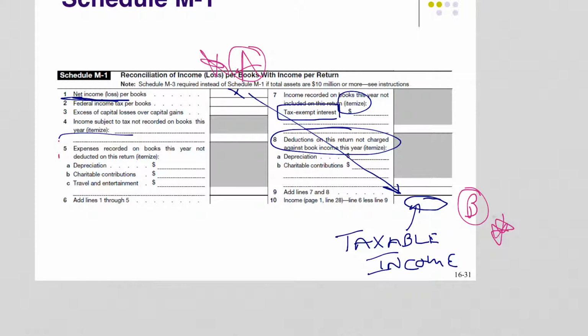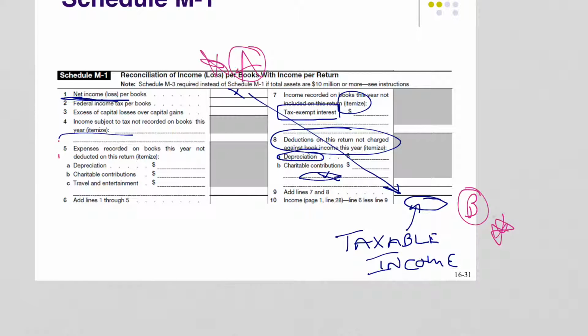Again, you're saying we took deductions that we couldn't take for financial statement purposes, and they're very interested in what these are. Depreciation may be easy to explain, but there may be a bunch of other items which are not deducted on the financial statements but are deducted on the tax return, and the IRS wants to know why.